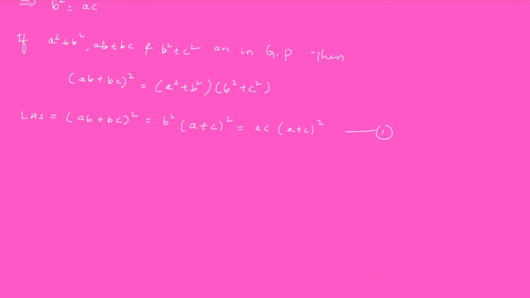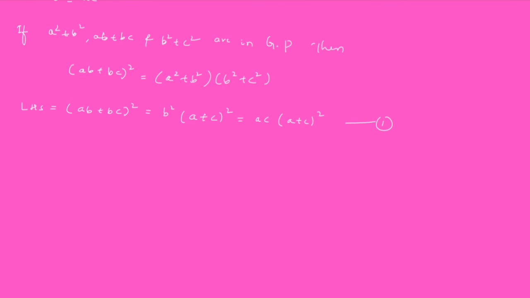So now from RHS, which equals (a square plus b square) into (b square plus c square), right?